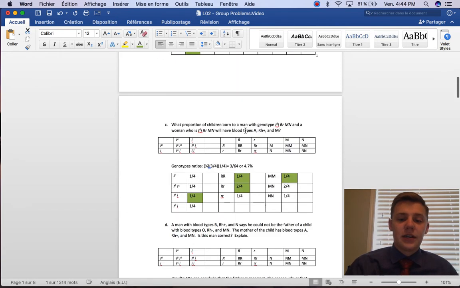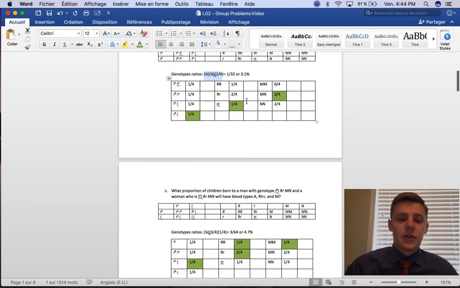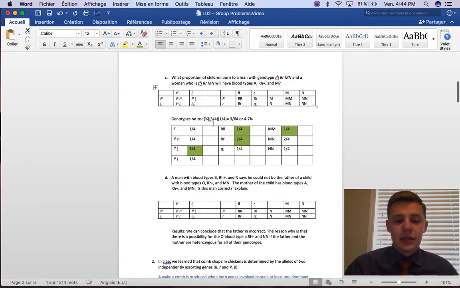Question number C is very similar to what we did in question number 2. We take the information from both the mom and the dad, and we're trying to find the blood type A, Rh positive, and M. Now this is interesting. We have blood type A because that's the only proportion that we see right there. But with Rh positive, if the R is dominant, it's expressed.